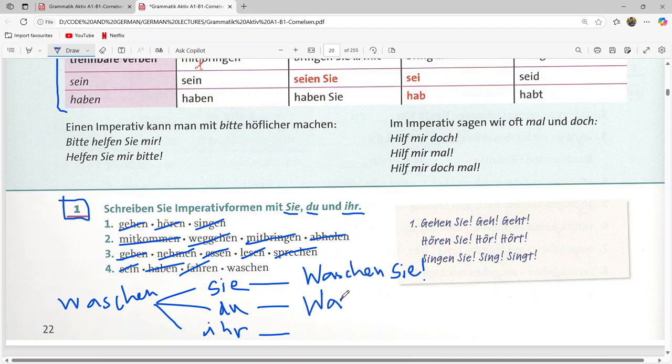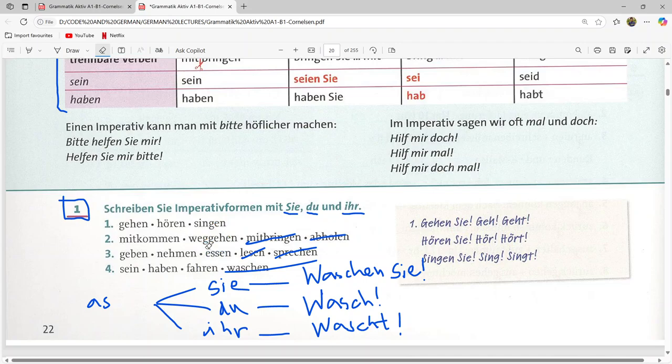Next one is wasch, and last one is wascht. Okay, so I think you know the conjugations. Okay, and now let me tell you the recap of the meanings.